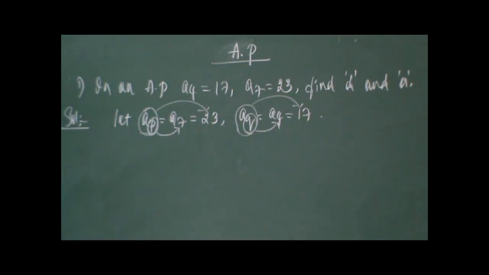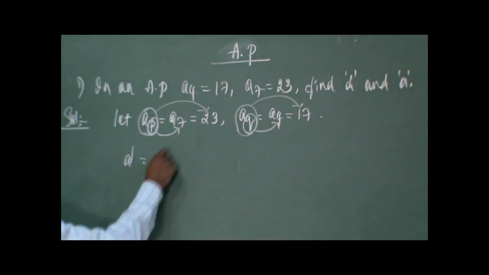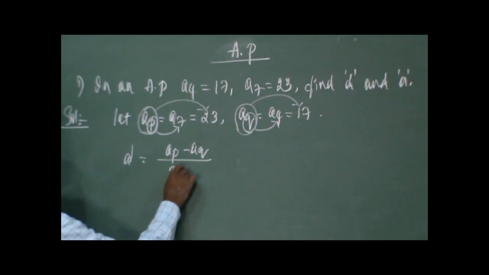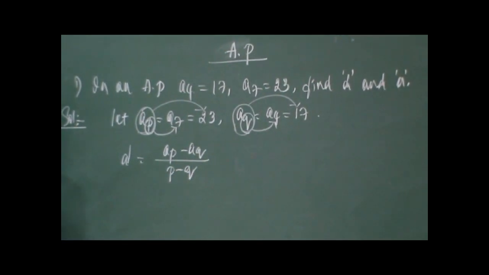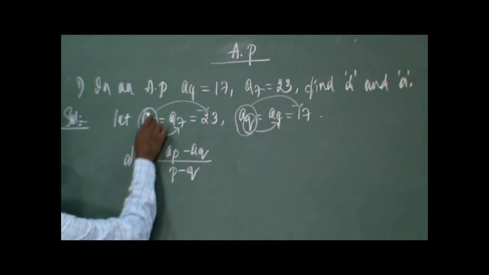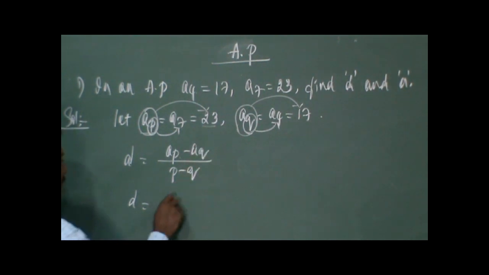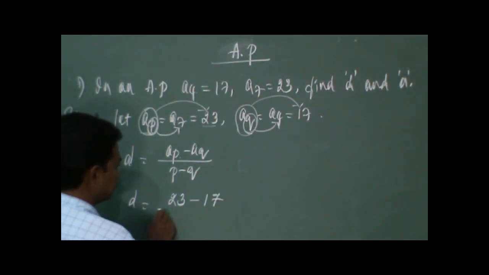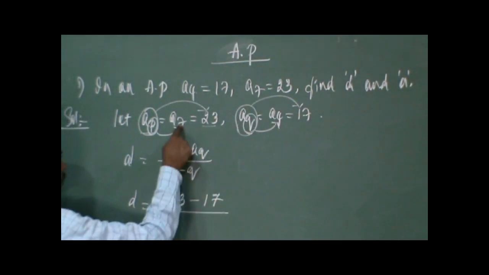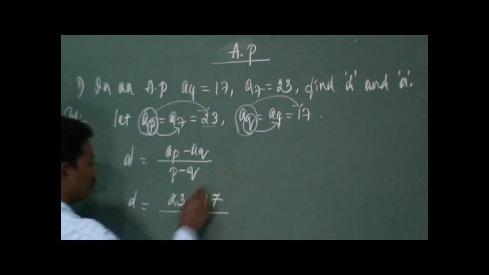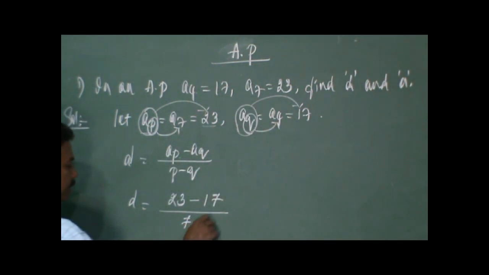Now let us apply the formula. D is equal to (AP minus AQ) by (P minus Q). I hope you remember this. So D is equal to, what is the value of AP? The entire AP value is 23, minus the entire AQ value, that is 17, by P minus Q. P value is 7 and Q value is 4, so that comes 7 minus 4.